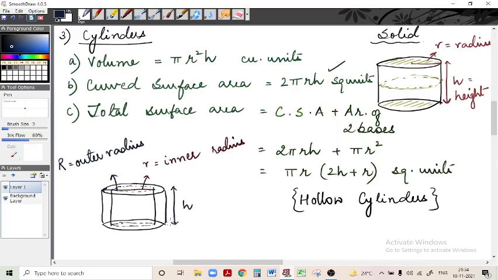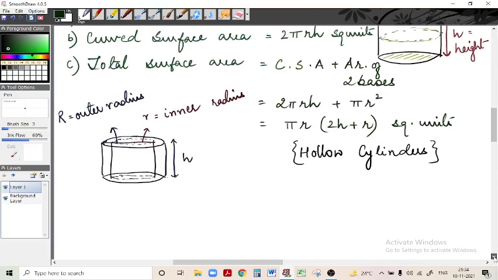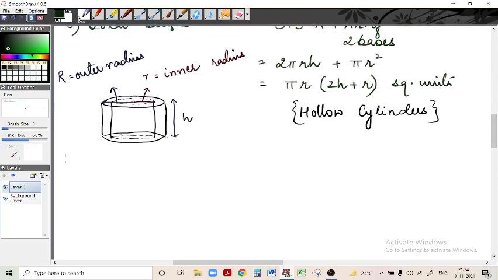Now what will happen? The very first point: what will happen with this small r and capital R? Here in this case, firstly we have to find out the thickness of the metal by which this cylinder was formed.